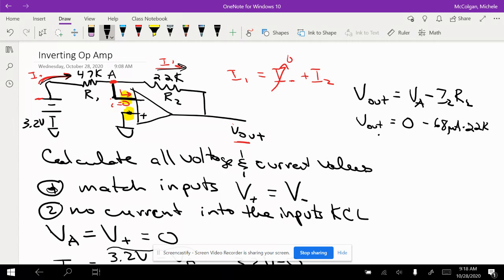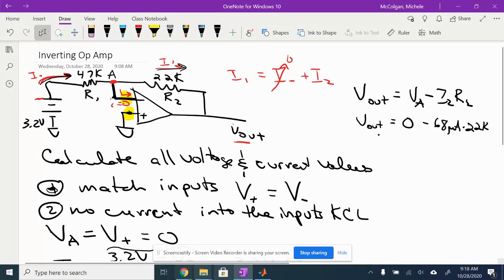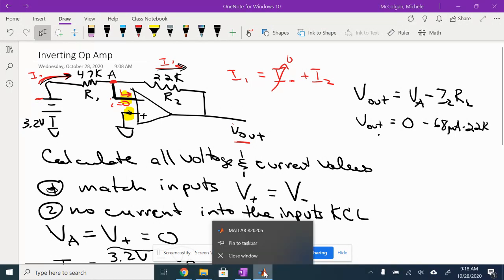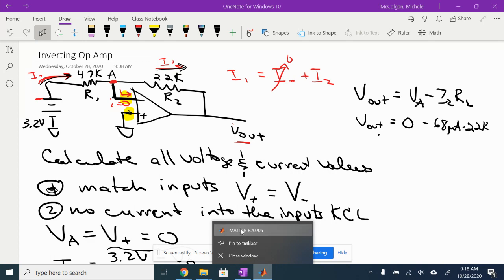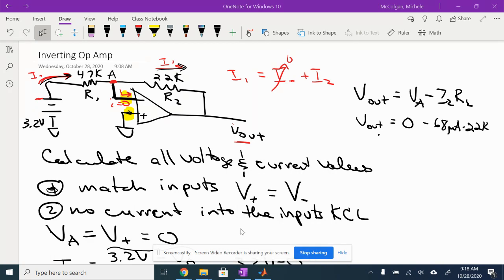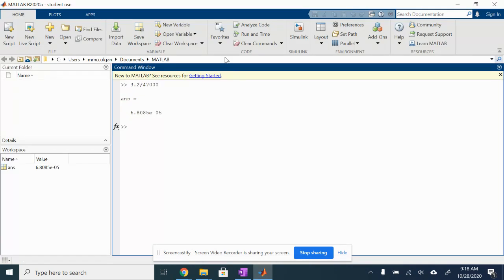And going back to MATLAB. Okay, so I can take the answer that I've already solved for, 68 microamps, and multiply it by 22K, and I get 1.49, so 1.5.